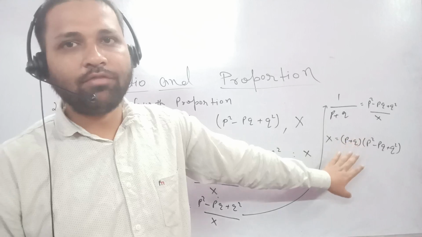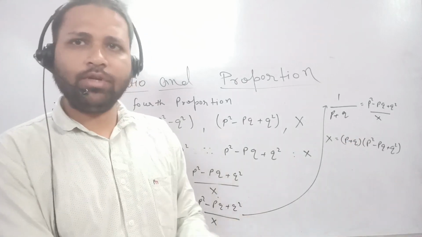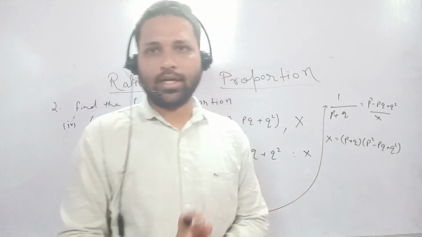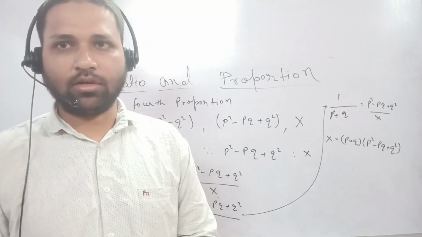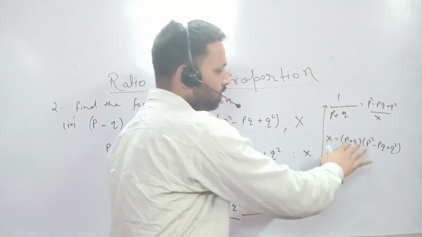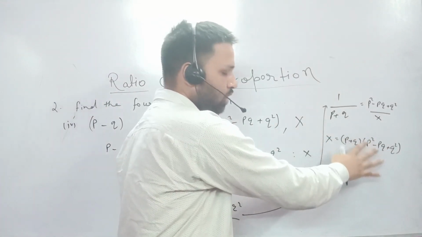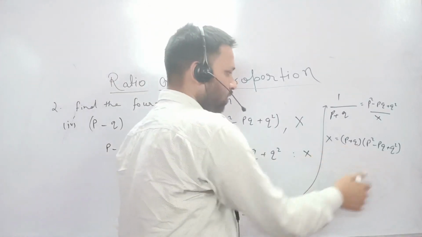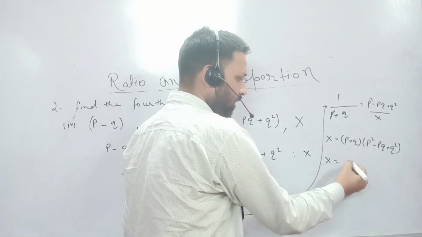If you leave it here, the examiner may give you marks, but it is not the correct method. Here you have to know the formula of this, otherwise you multiply it out. But I know it is the formula of a cube plus b cube.